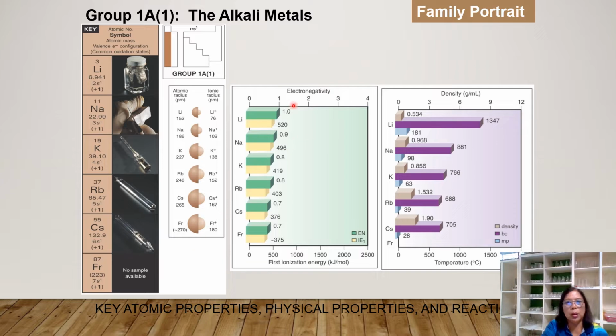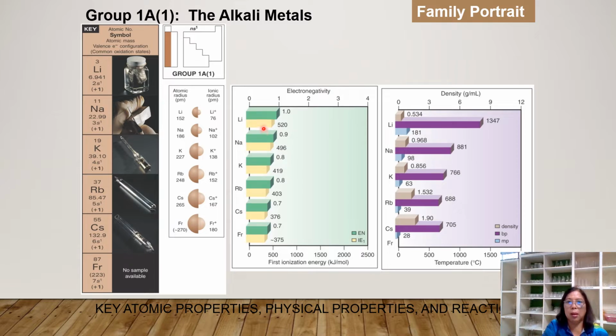Now let us look into another physical property, for example electronegativity. Lithium has the highest electronegativity, and as you go down to sodium, potassium, rubidium, cesium, and francium, electronegativity decreases.